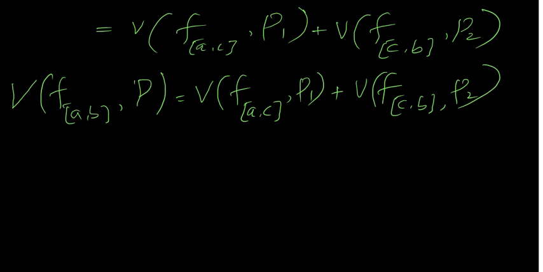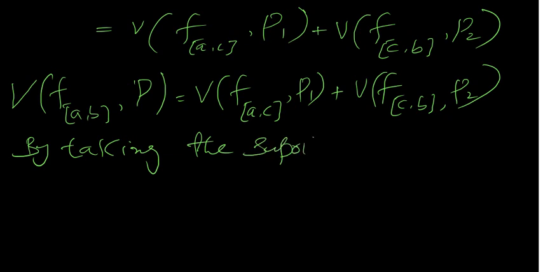If P1 is any partition of AC and P2 is any partition of CB, then P is a partition of AB. And conversely, if we have any partition P of AB containing the point C, then P1 is a partition of AC and P2 is a partition of CB. So let's take the supremum over all such partitions.